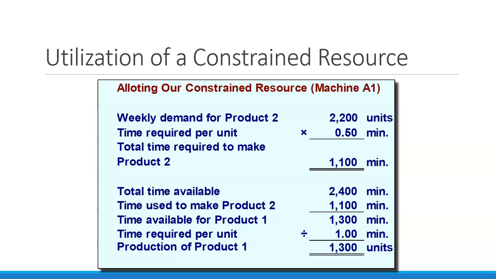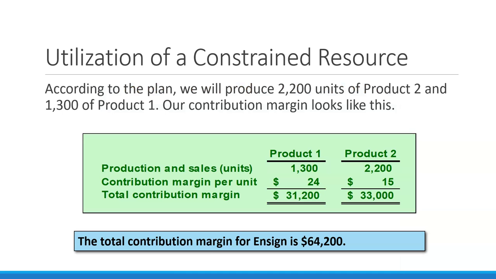So we have a lot of demand for both products, but we want to focus our efforts on the product that makes us the most money. So we make the full demand for product 2 and use whatever is left of the resource to make product 1. So we make 2,200 units of product 2 and 1,300 units of product 1. So our total contribution margin is $64,200.